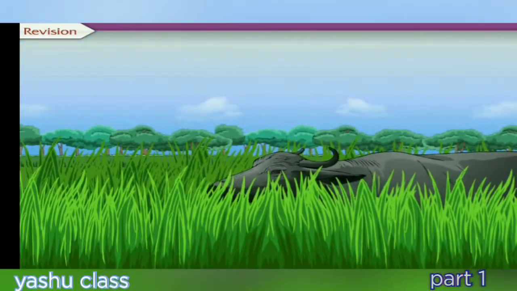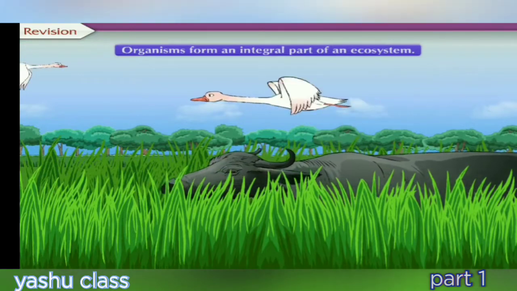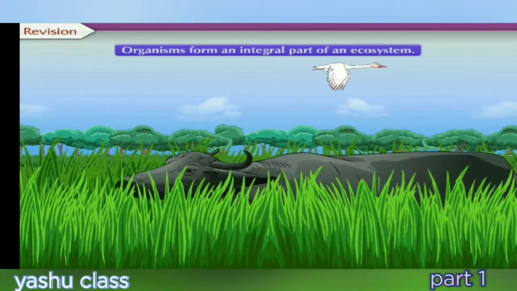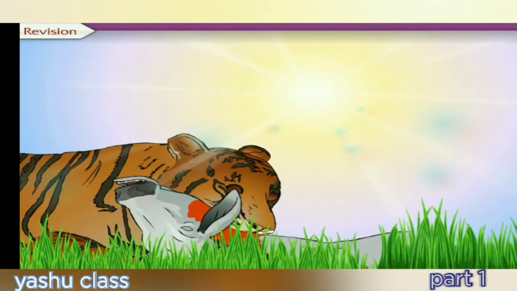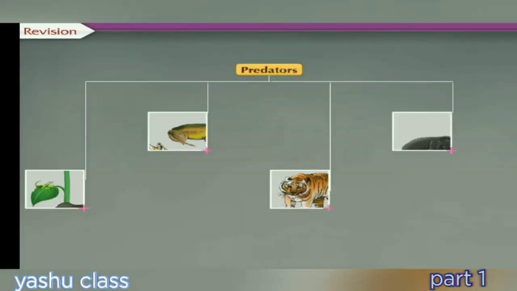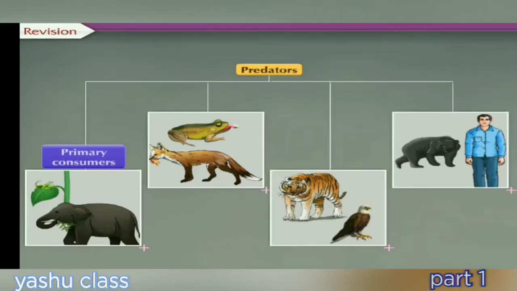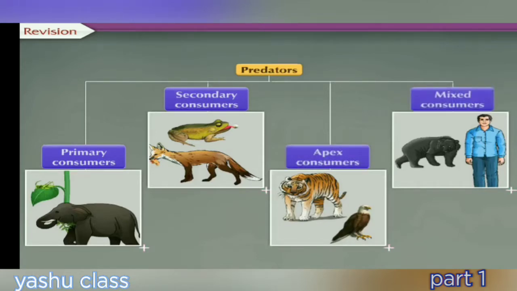We have already learned that organisms form an integral part of an ecosystem. The condition of feeding and being fed is a continuous ongoing process in an ecosystem. Primary consumers, secondary consumers, apex consumers, and mixed consumers are all consumers of our ecosystem.